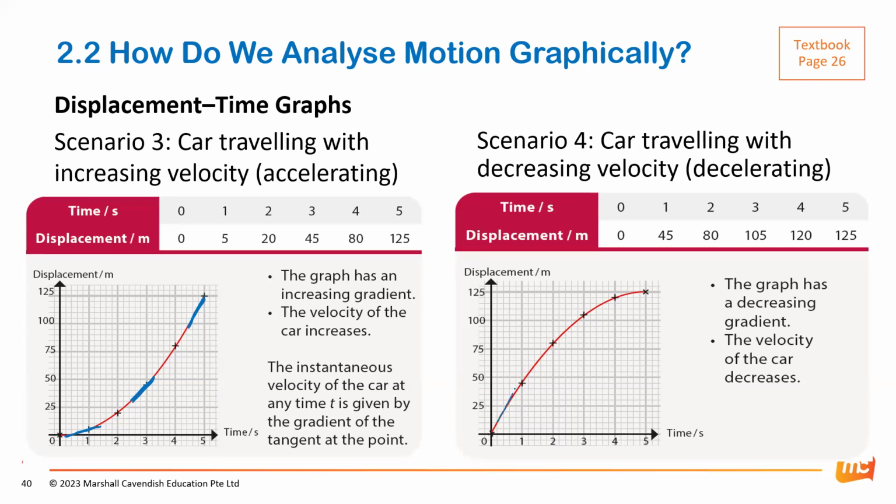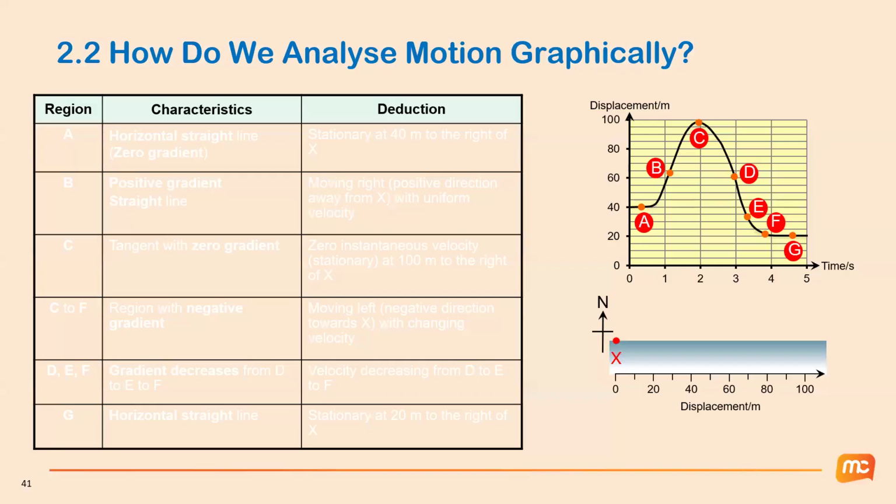You can see again the blue line at the start is very steep, and then it gets more and more gentle over here, and here is almost going to be flat. So this is decreasing gradient, which means decreasing velocity, which also means that I am slowing down, decelerating.